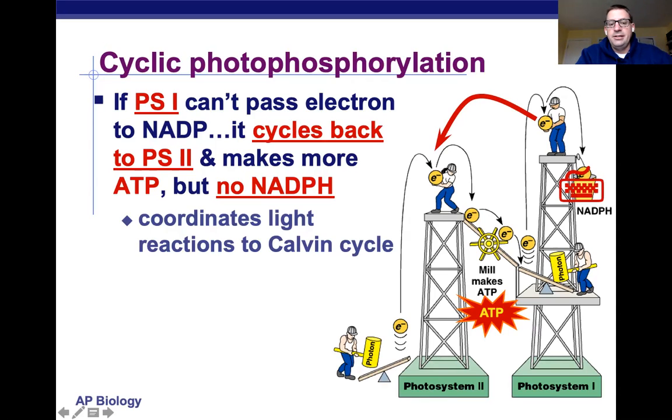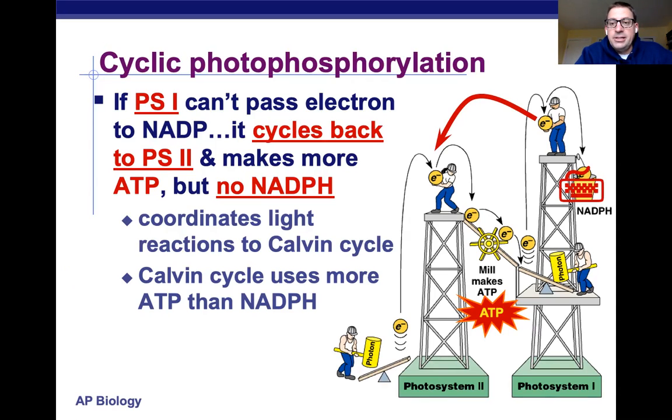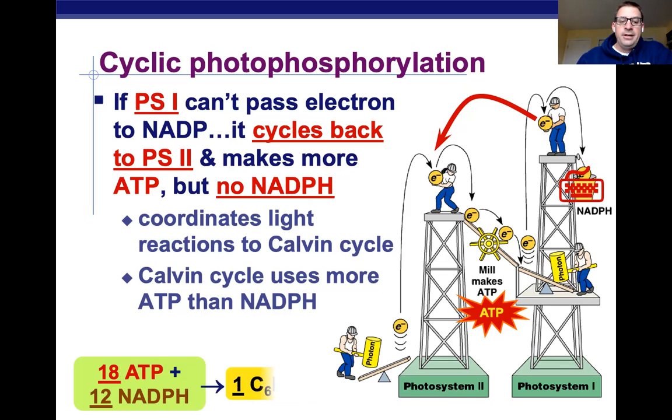So this coordinates the light reactions to the Calvin cycle, because the Calvin cycle uses more ATP than it does NADPH. So the plant needs to generate more ATP than it does NADPH. It's also thought that this plays a photoprotective role in allowing the plant to absorb more light energy without being damaged as well. Okay. And so, yeah, to make one glucose requires the production of 18 ATP and 12 NADPH.